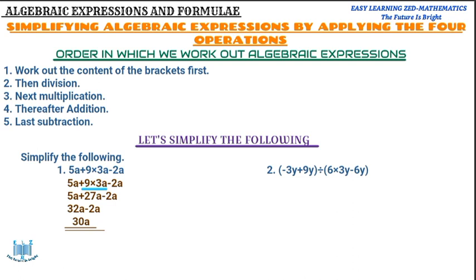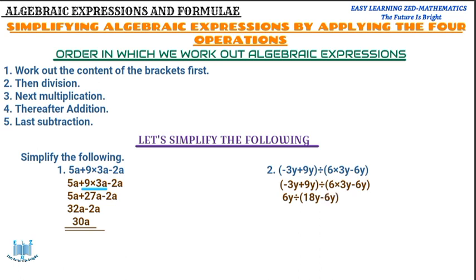I'm going to rewrite this expression. Then I'm going to add what is in the brackets: negative 3y plus 9y will give us 6y, which we are going to divide by, then we're going to multiply 6 multiplied by 3y, which will give us 18y, then minus 6y.